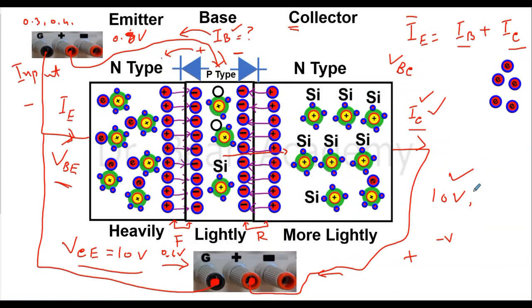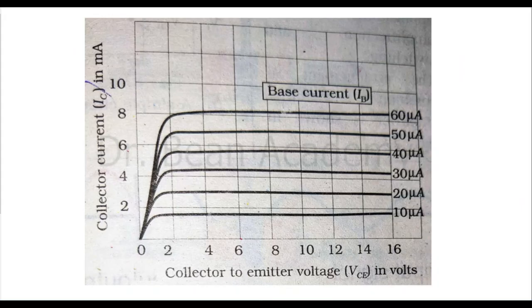Then I will come to the output setup. I will see what I can do with the VCE and the collector current, and this is where we will see the output characteristics. And here are the output characteristic curves of a common emitter transistor. You see, for example, first I fix the current from the base at 10 microampere.